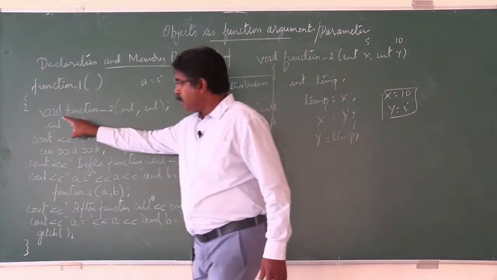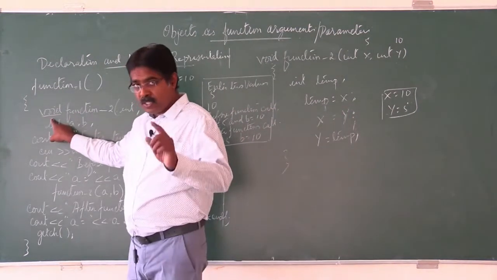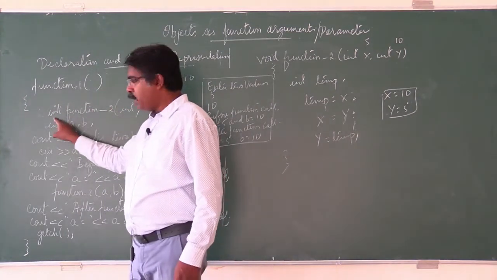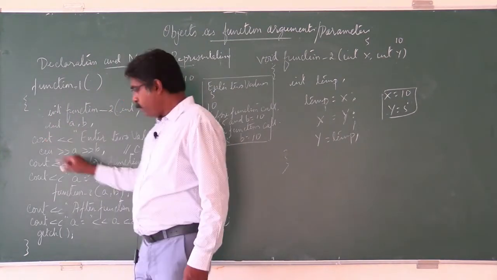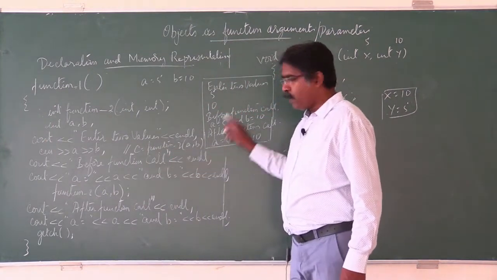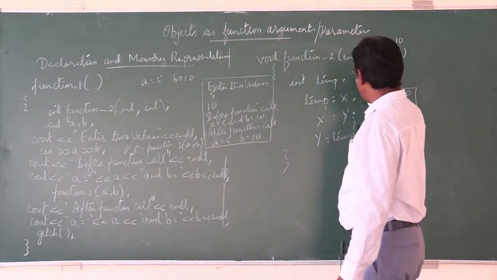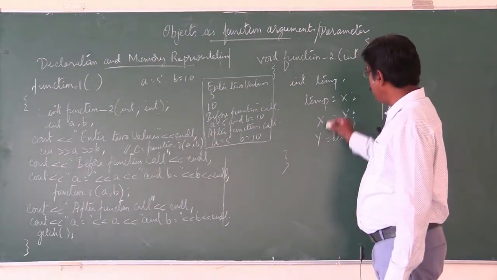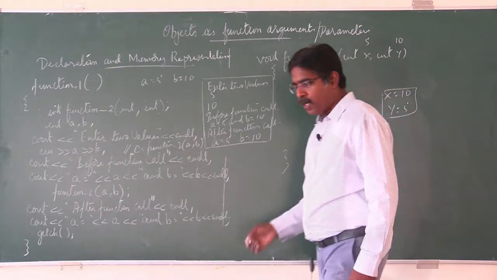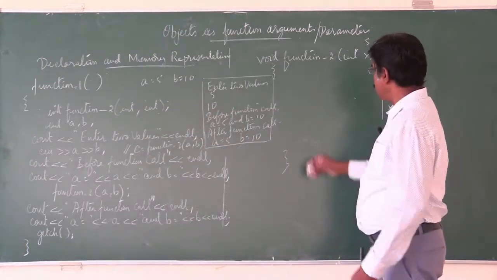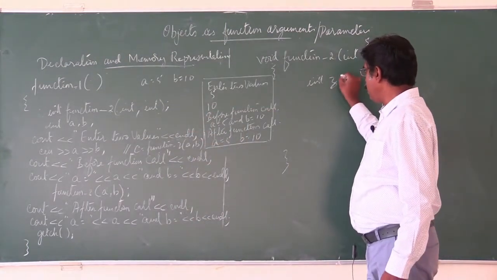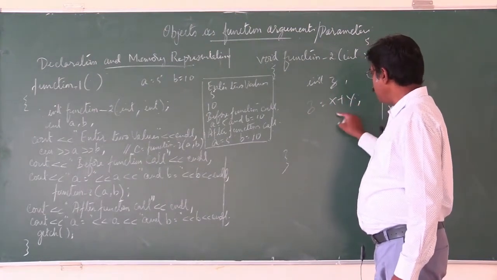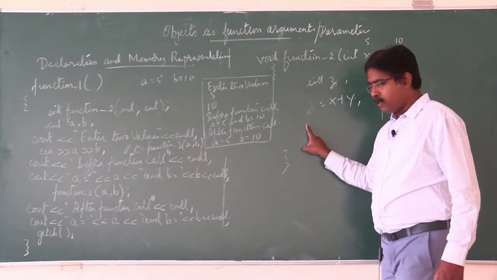Here in the return type specifier, I would like to change it to int. That means function 2 is returning an integer value. Now we have passed two values, A and B, and int x and y are going to take the values of A and B respectively. Here I would like to change the coding part: int z, and z equals x plus y, so z has got the sum value.